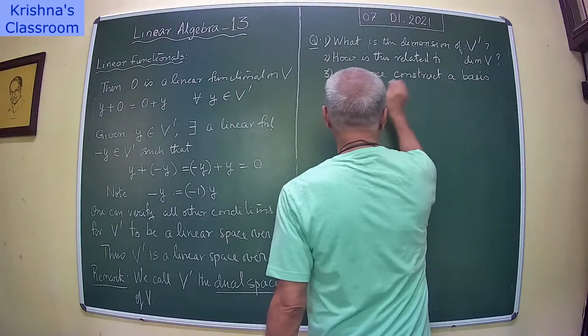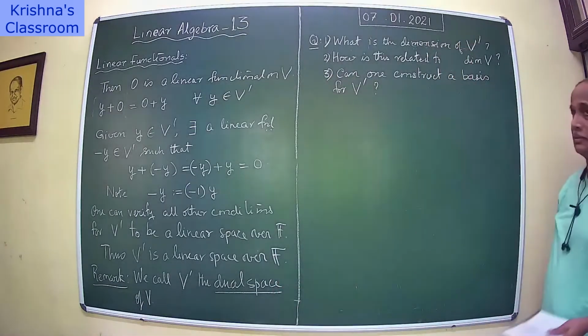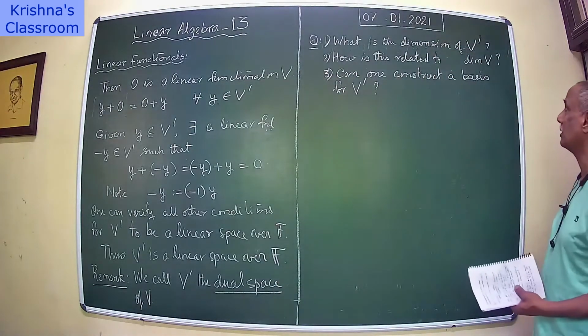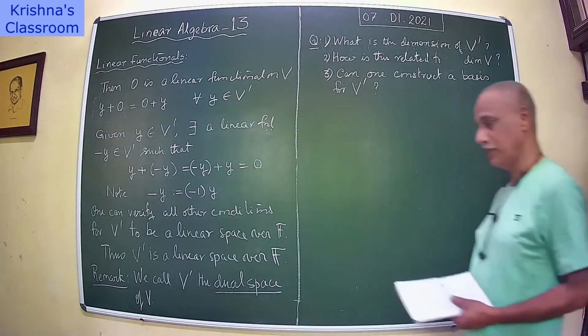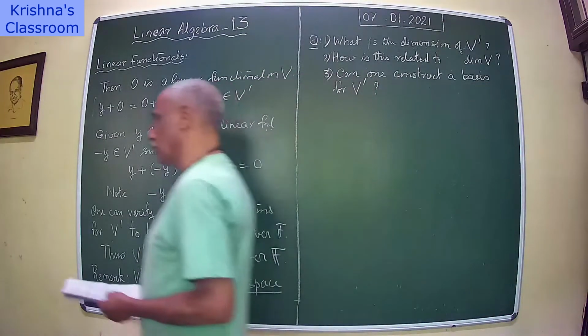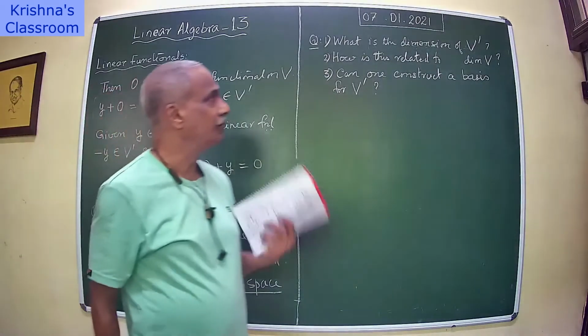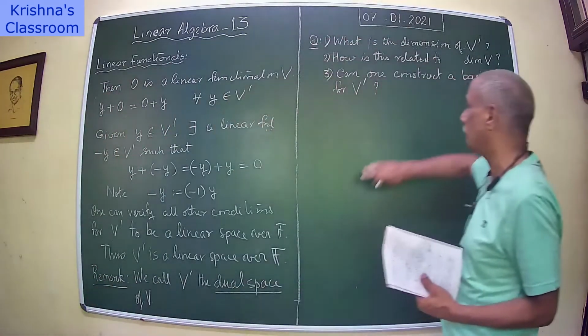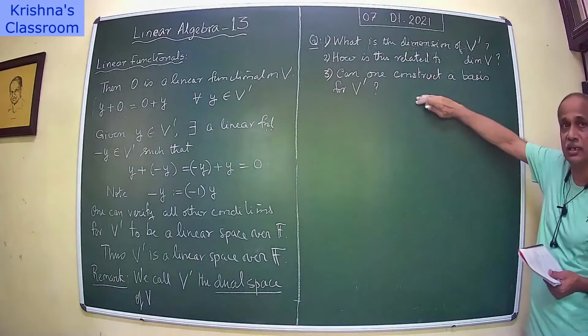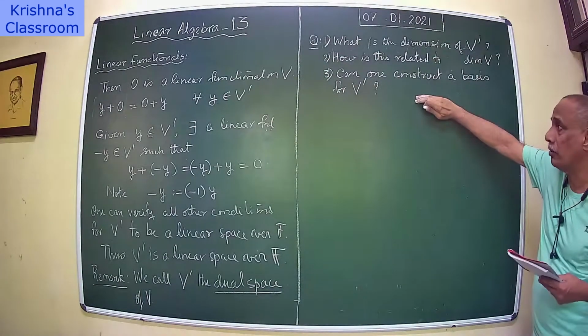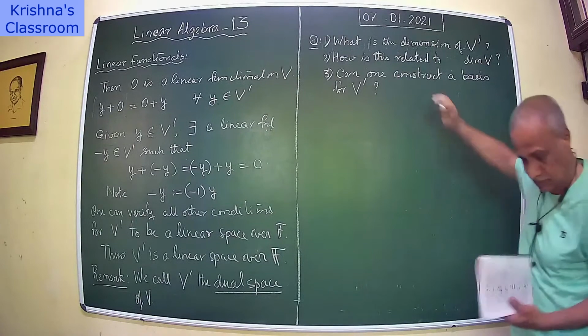Because if you answer this question, then immediately the other things are answered. What is the dimension of B prime? And it will be clear from that how it is going to be related to the dimension of B. So essentially, if you try to answer this third question, then the other two are automatically resolved.